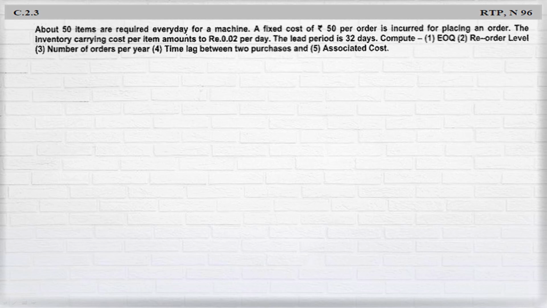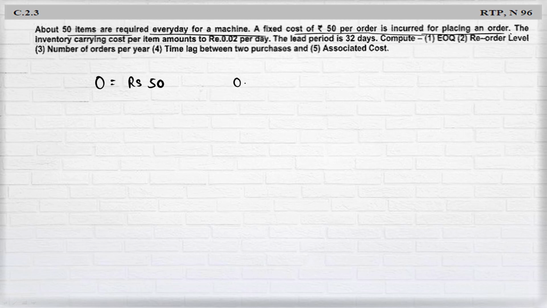About 50 items are required every day for a machine. A fixed cost of rupees 50 per order is incurred for placing an order. O is rupees 50. The inventory carrying cost per item amounts to rupees 0.02 per day.